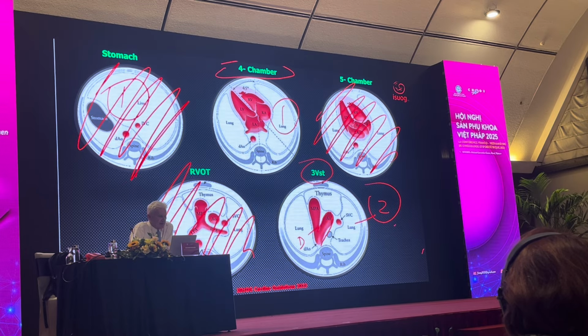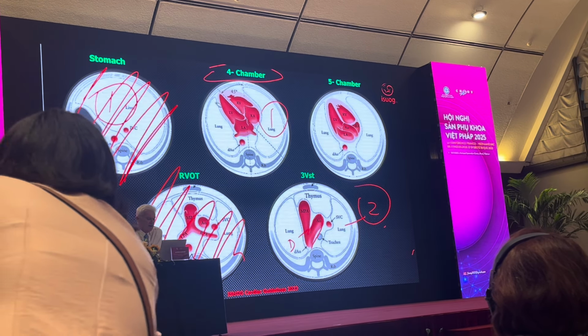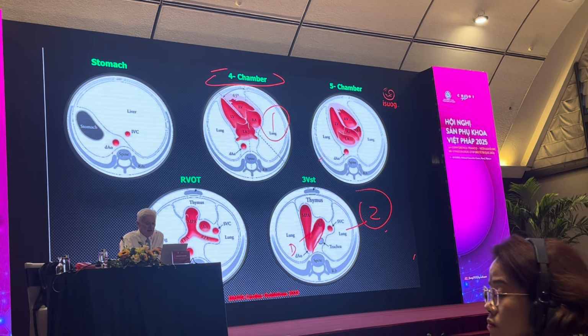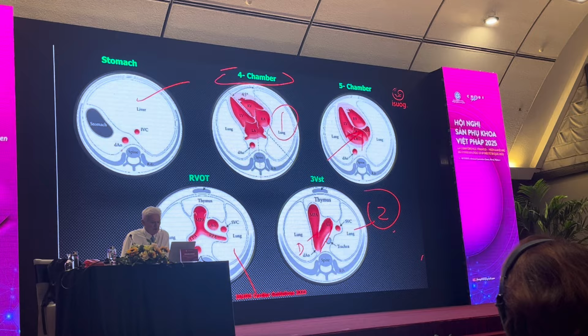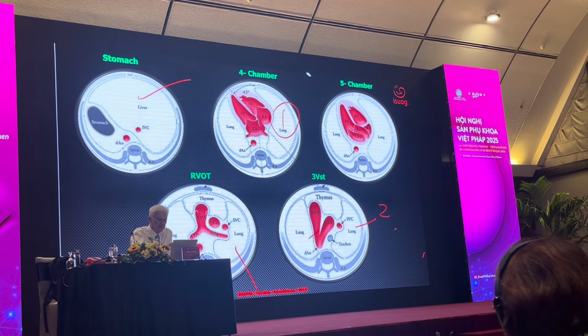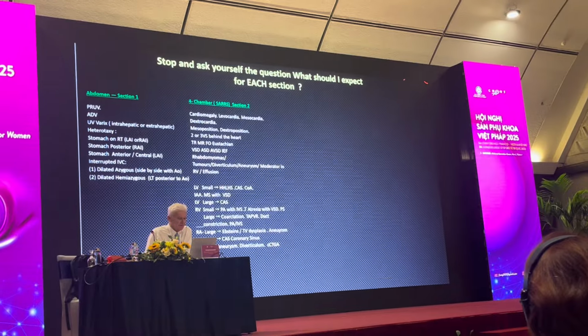And if you suspect that there is a problem in the 4-chamber and three-vessel tracheal view, that's when you go ahead and look at the 5-chamber, this section, and this section. So that is a summary of the guidelines for examining the heart.